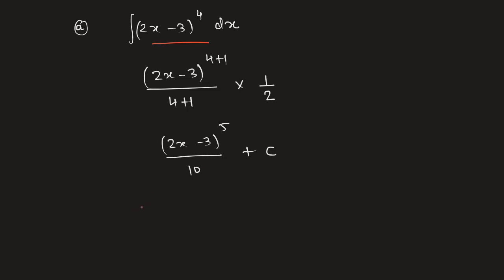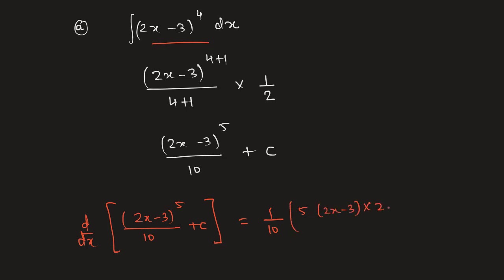Okay, let's differentiate this function, that is (2x minus 3) to the power 5 upon 10 plus c. Now if you differentiate this with respect to x, we'll get, first this is the constant 1 by 10, we'll keep it aside. Now differentiation of this would be 5 times (2x minus 3) into 2, applying the chain rule.